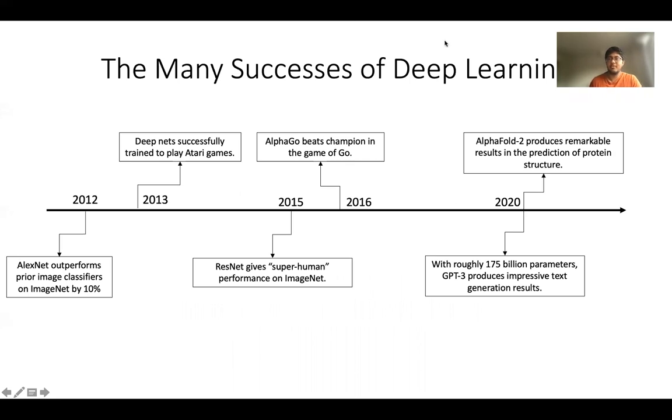But one of the things that I wanted to highlight via this slide is that deep learning has the capability of transforming many, many different domains. As an example, what I've listed here is beginning with AlexNet and ResNet. These are two convolutional neural networks which transformed the space of computer vision by producing models that surpass human performance on image classification tasks.